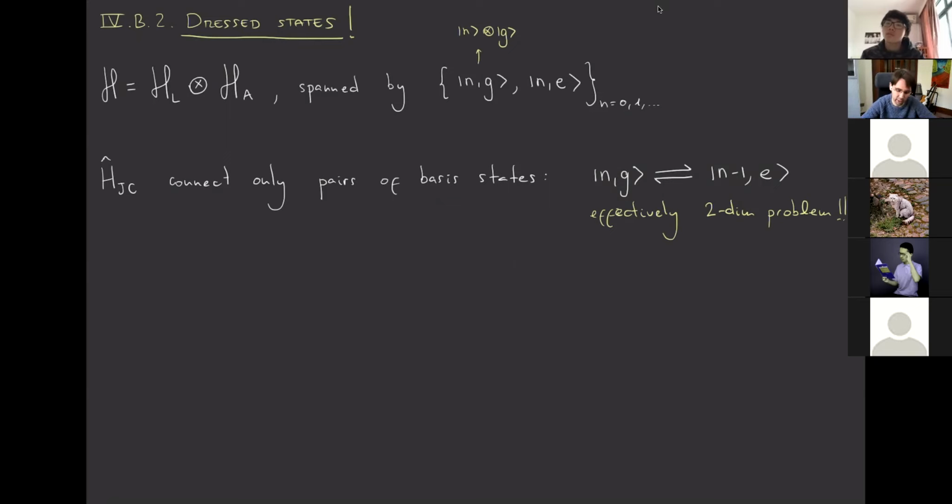We will formalize it better now. But essentially, once you are in one of these states, you can only connect to another one. So effectively, it's a two-dimensional problem. Let's make this more formal and do it in a rigorous quantum mechanical way.